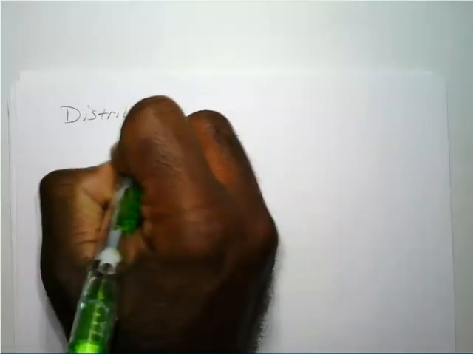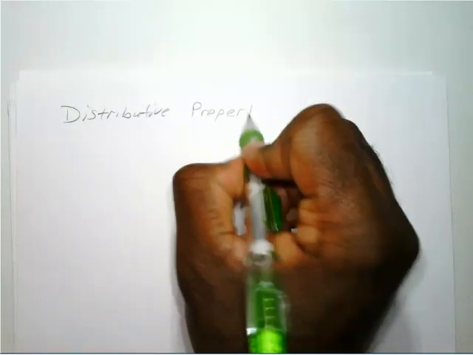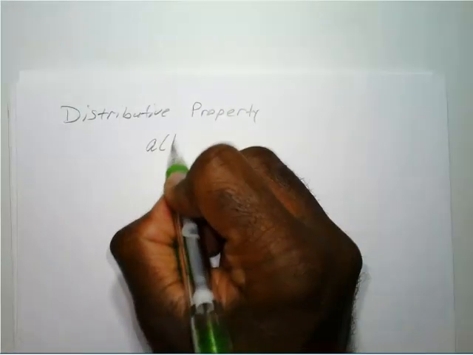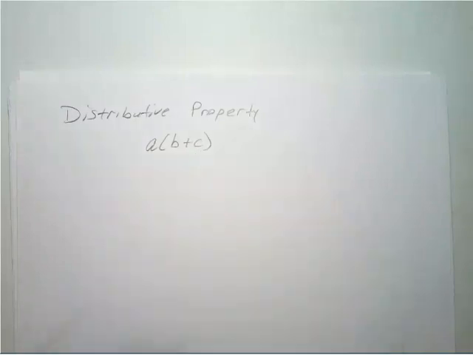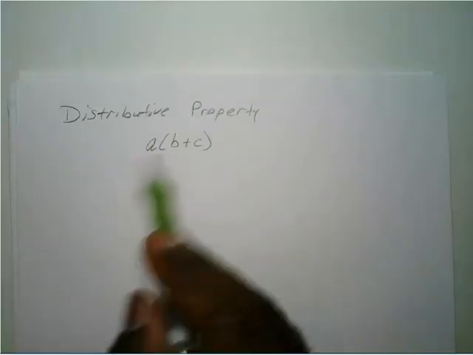Okay, so if you remember the distributive property, we have some number times two terms, or it could be a variable, could be anything, times a binomial.